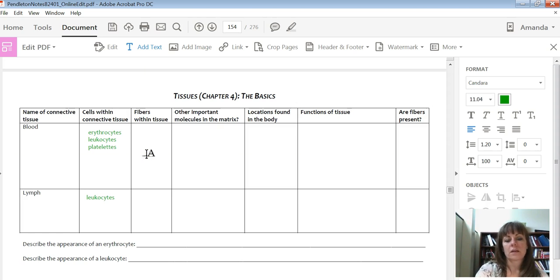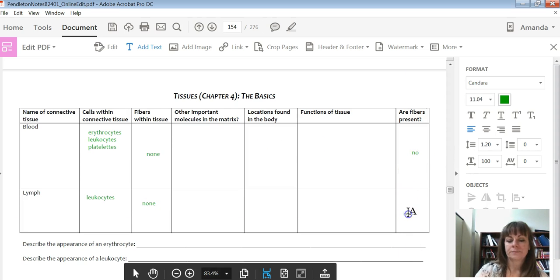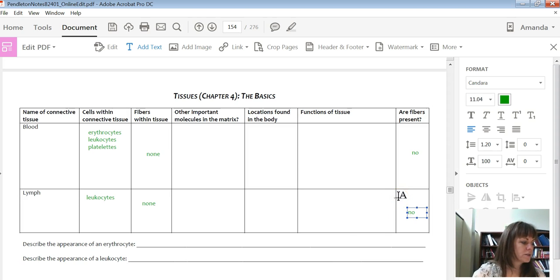Now, these are unique in that, in normal circumstances, there are no fibers present in the tissue.